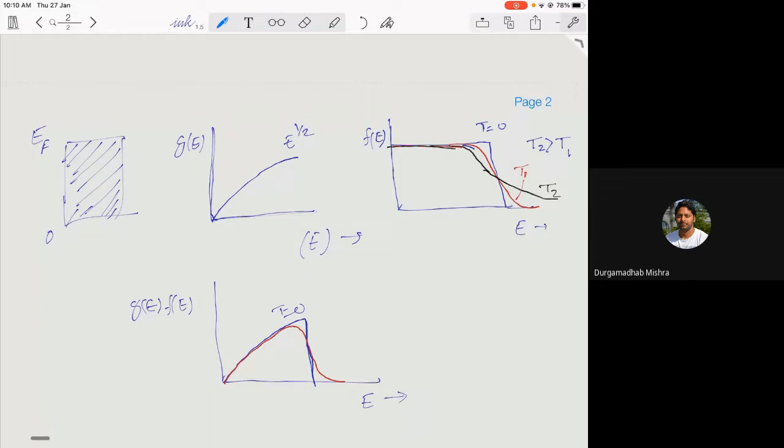At T equal to 0, there will be no electron concentration above the Fermi level. But as you increase the temperature, some electrons will occupy states above the Fermi level, and this is basically what you have.